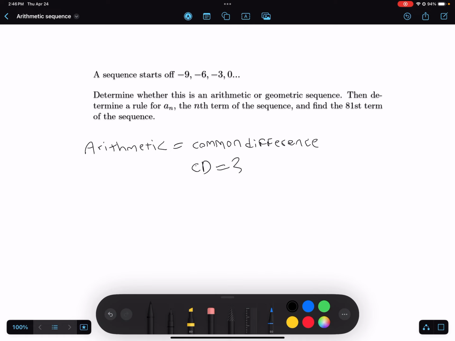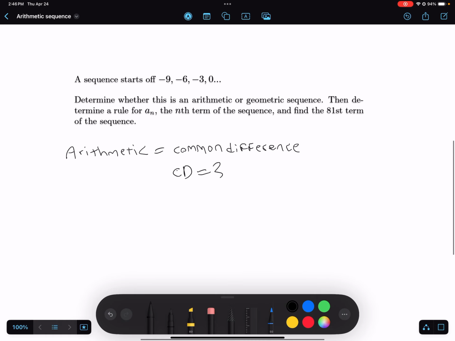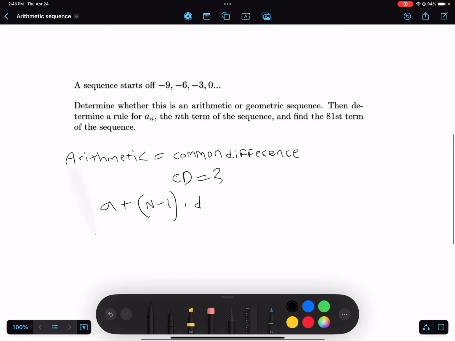So we've answered at least some part of the problem. Now we're going to need to determine a rule for the nth term of this sequence. The formula for finding the nth term of any arithmetic sequence is a plus n minus 1 times d, where a is the first term, n is the nth term, and d is the common difference. We know a and d in this case. The first term is -9, so we can fill that in.